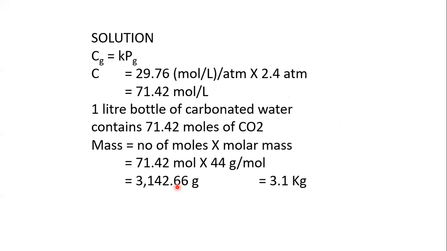So it means that in a 1 liter bottle, the number of moles of CO2 is 71.42. And we all know that number of moles is mass divided by molar mass. For you to get the mass, you multiply by the molar mass. If you did that, you're going to get 3,142.66 gram, which is 3.1 kilogram.